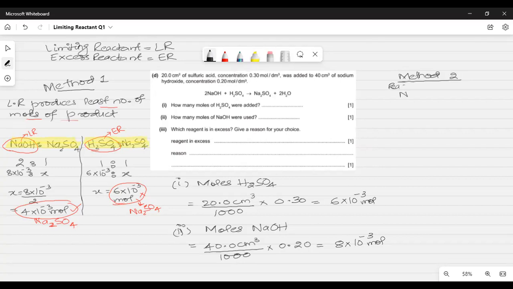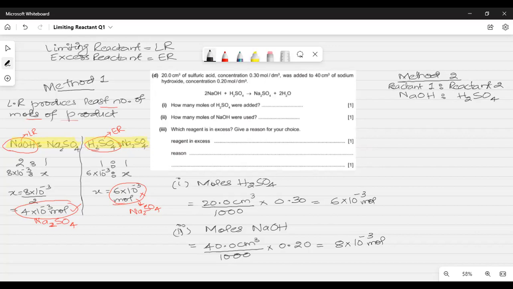Method number two wants you to go with reactant one ratio reactant two side by side in just one ratio. So let's assume reactant 1 is NaOH since that's written first in the equation. Reactant 2 is H2SO4 because that's written second in the equation. Makes sense so far?